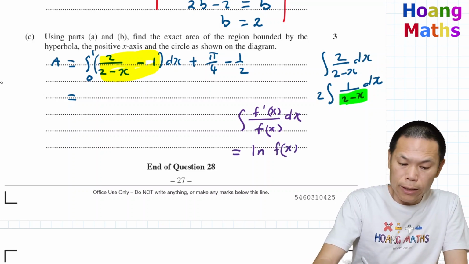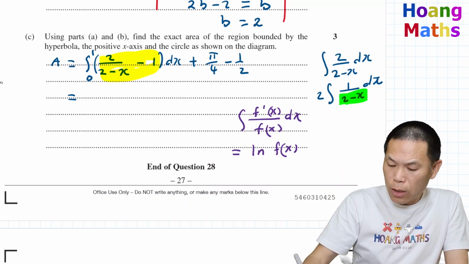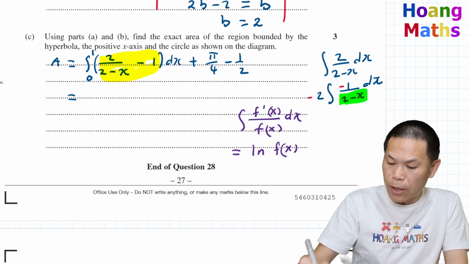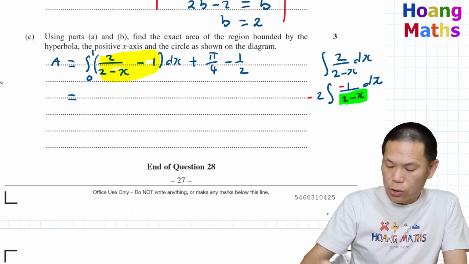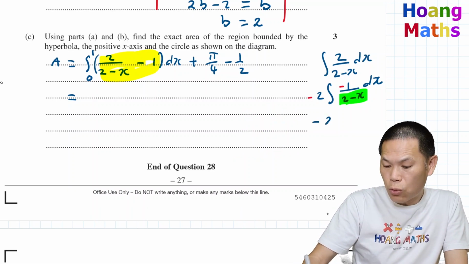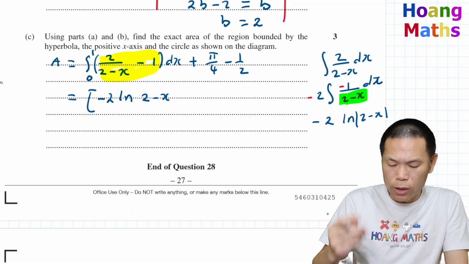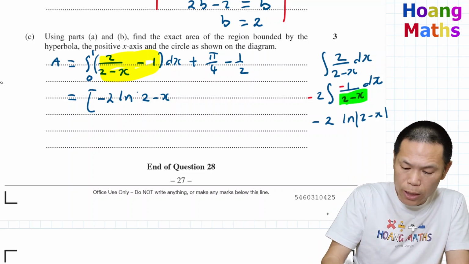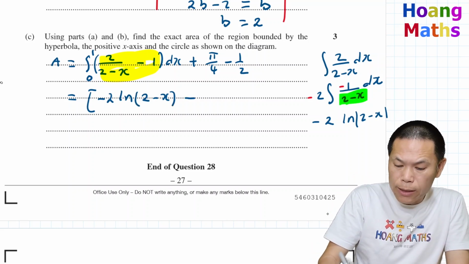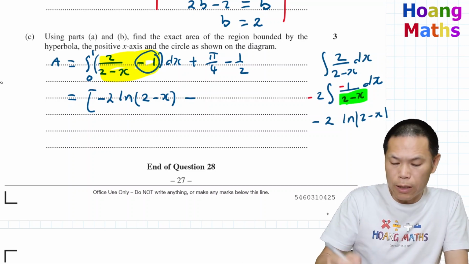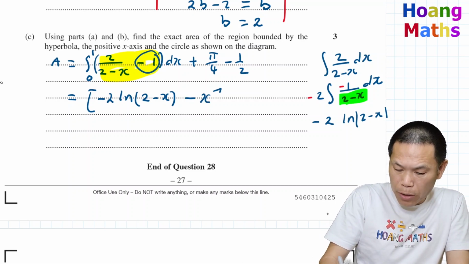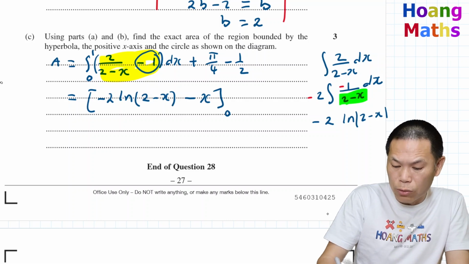So therefore, to make the 1 become -1, I just times by negative. So that becomes -2 ln of the absolute value of 2 minus x, but we know that is positive anyway if we substitute the value in, so I can just put brackets. And we integrate -1, which gives me -x. So then that becomes this, from 0 to 1.